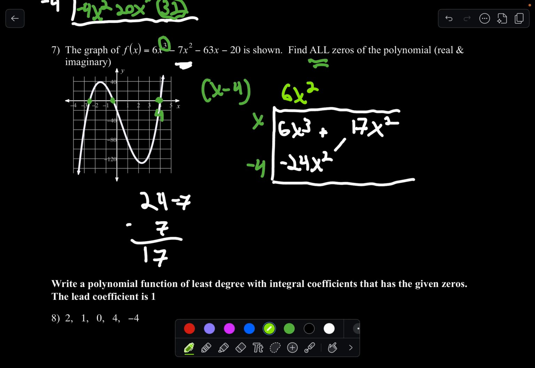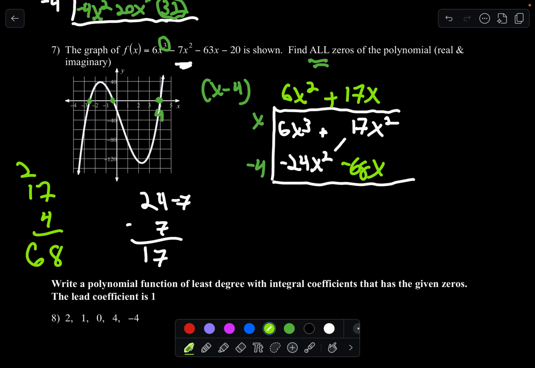Gotta love it. That gives us 17x squared, and 17 times negative 4 is something, oh my gosh. Okay, that's 4 times 7 is 28, 4, 68. So that's going to be negative 68x.